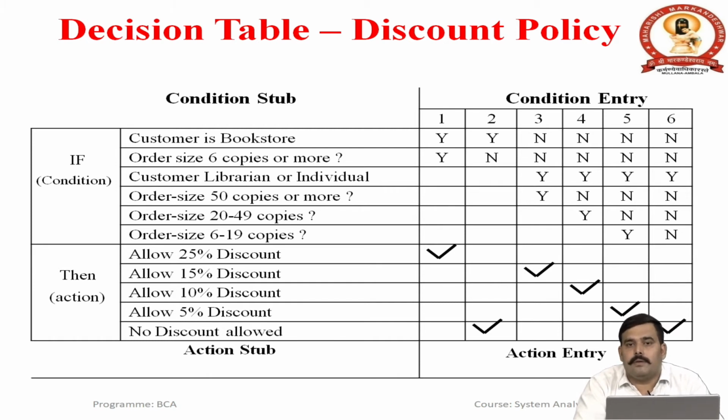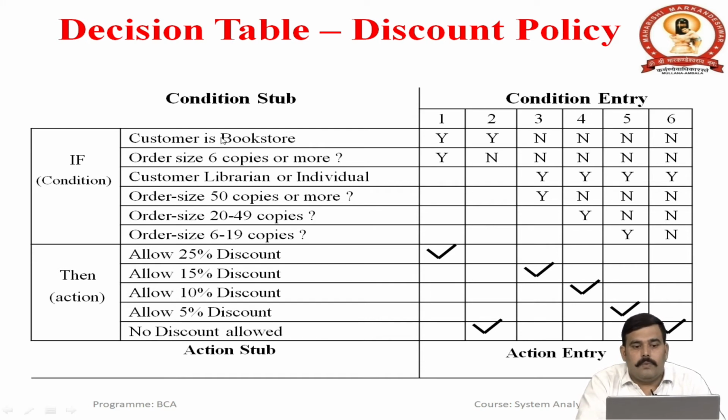The next combination of conditions: customer is bookstore, yes, and order size is 6 copies or more, no. It means the customer is a bookstore, but the order is less than 6, so no discount is allowed, the same as the statement in the publisher's discount policy: if a bookstore is ordering less than 6, there is no discount.